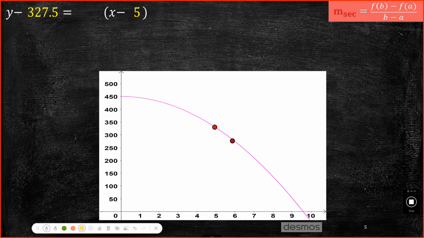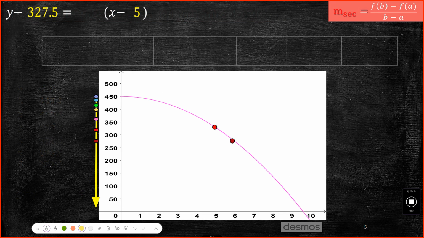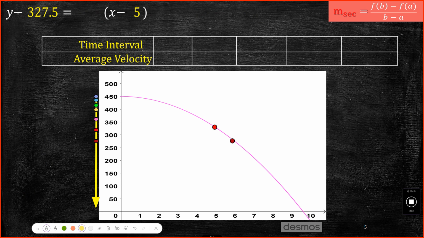All right, so let's do our first approximation. This one is going to be stationary, so we're going to use this formula again.